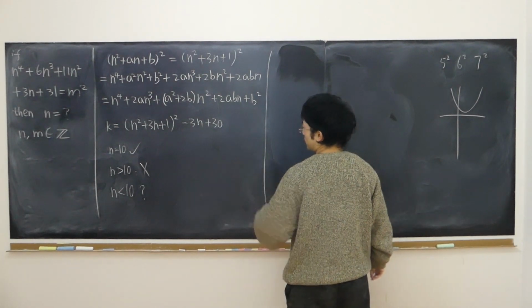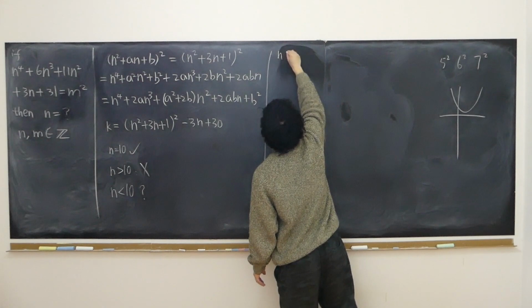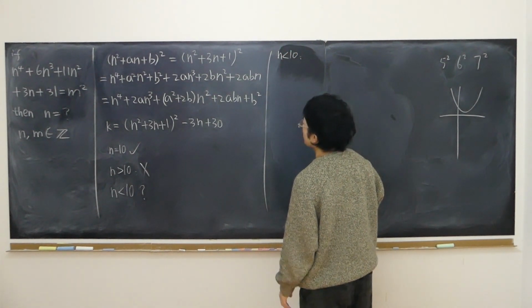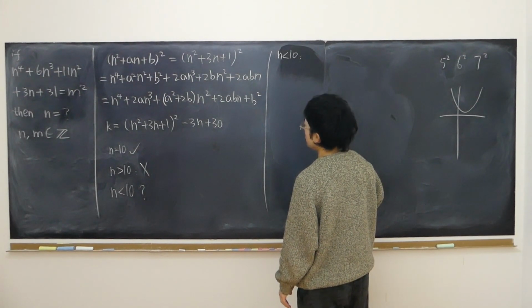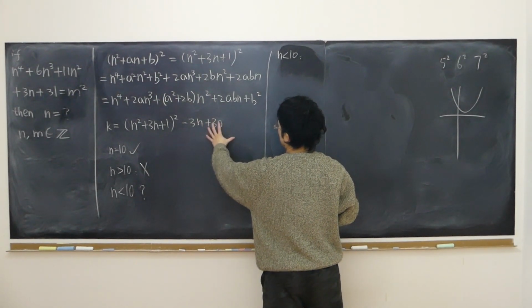Now, the last case, when n is strictly less than 10, is it possible? When n is less than 10, that means this term is strictly larger than 0.